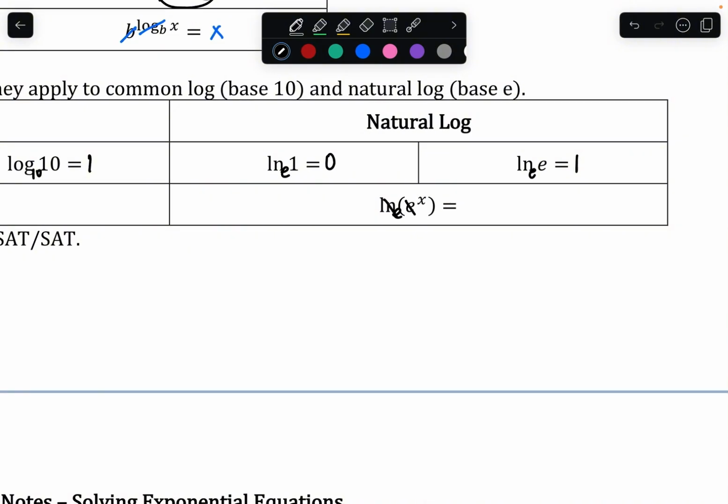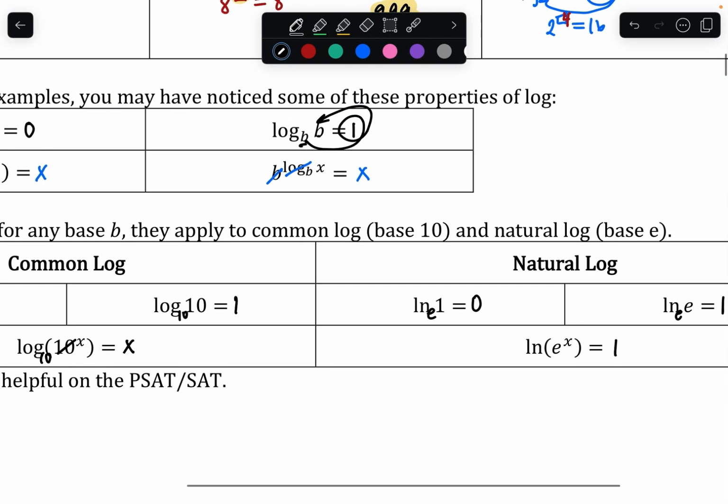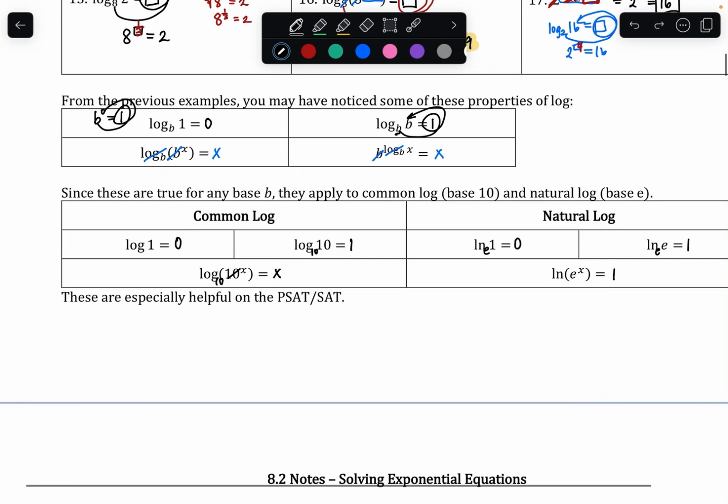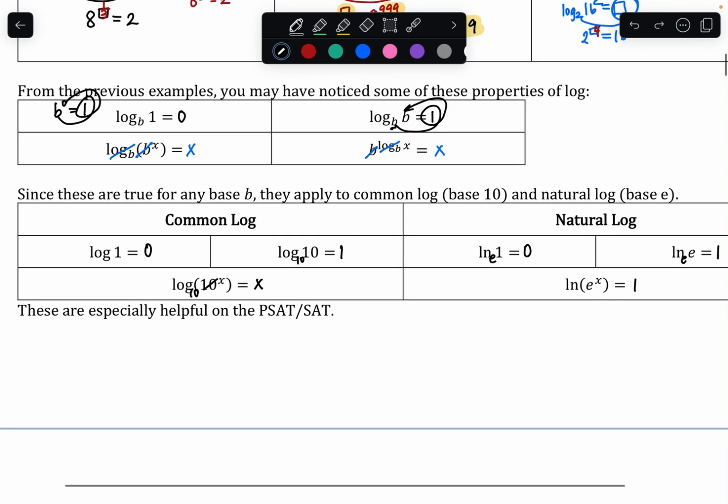Here, base e and base e are canceling. These are the same properties as if these were b. This b is just some general base. That b could be 10, that b could be e, it could be anything. So we just explicitly wrote them out here. These are especially helpful for PSAT and SAT.